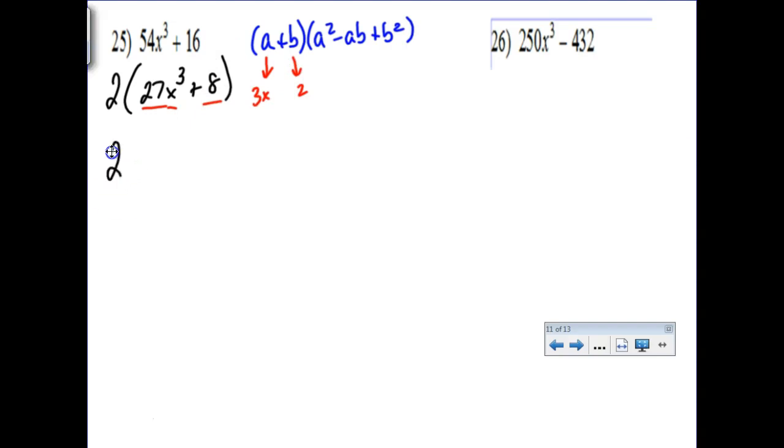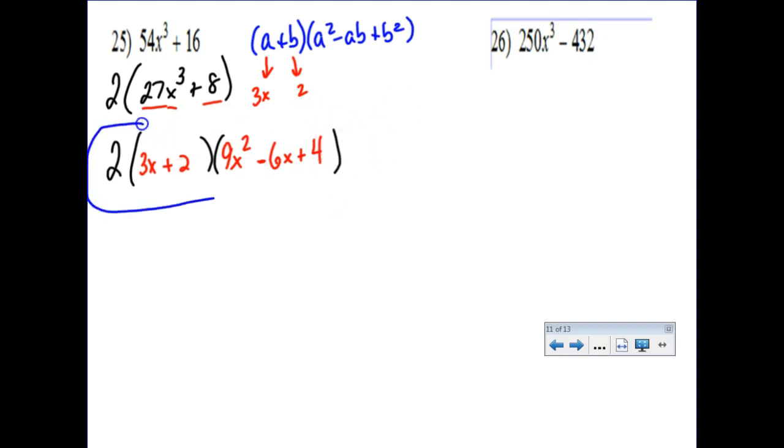So the 2 stays in front, has to stay there, and then your factors are a plus b, so 3x plus 2, and then a squared would be 3x times another 3x, so 9x squared, minus, multiply them together, so 6x, and then 2 squared of that, 4. That was misleading what I said.